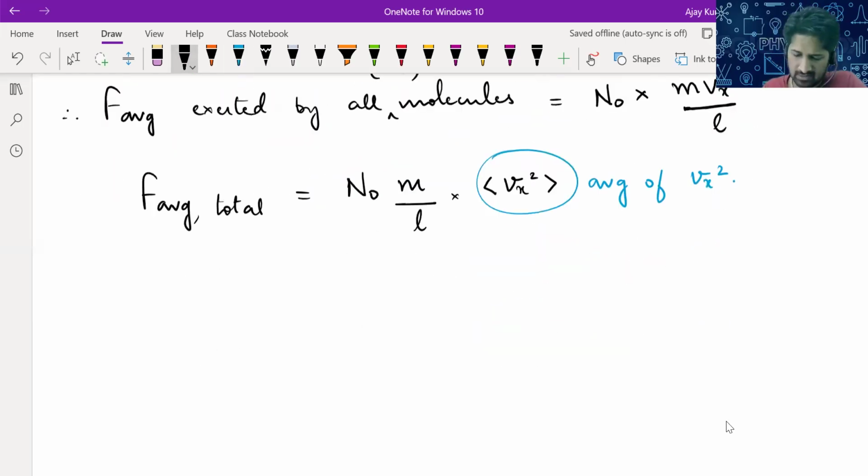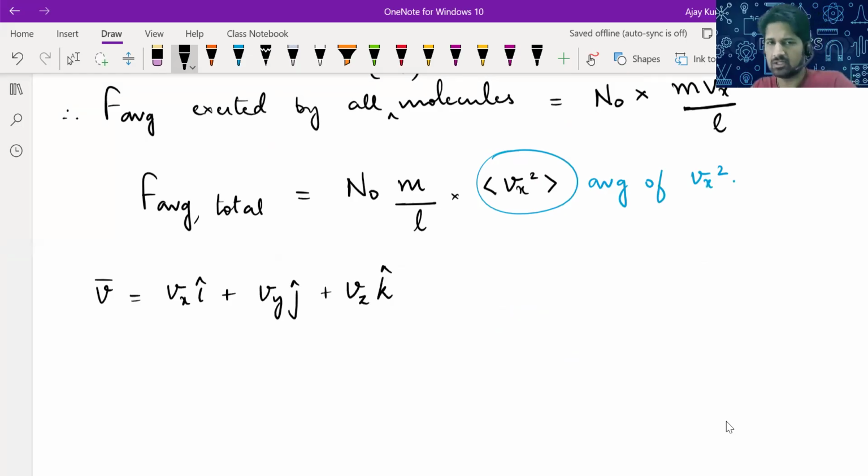Now see, generally, the velocity of an object or a particle is expressed like this: Vx i cap plus Vy j cap plus Vz k cap. The velocity has all three components. It's not necessary that all three components are equal. Now, the magnitude of velocity is what we call speed.